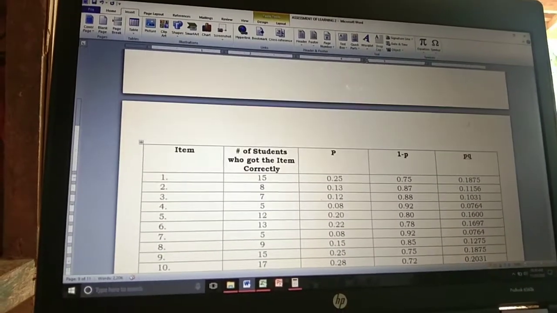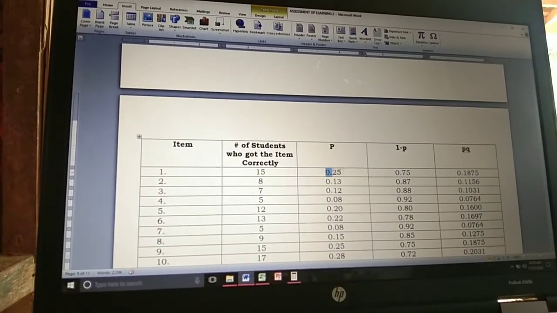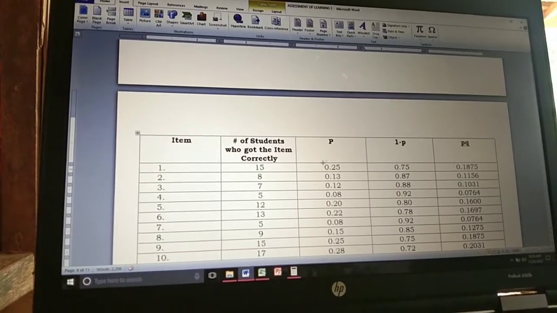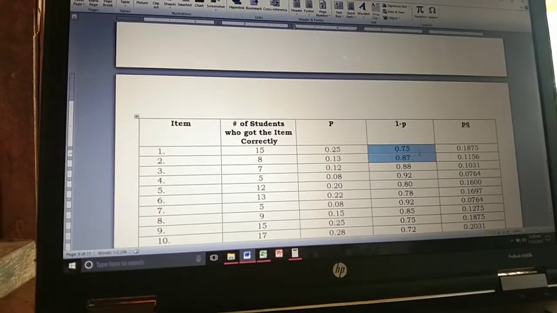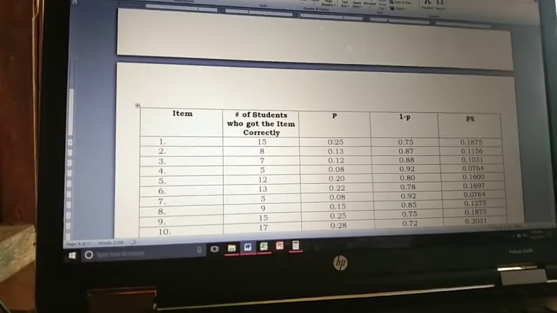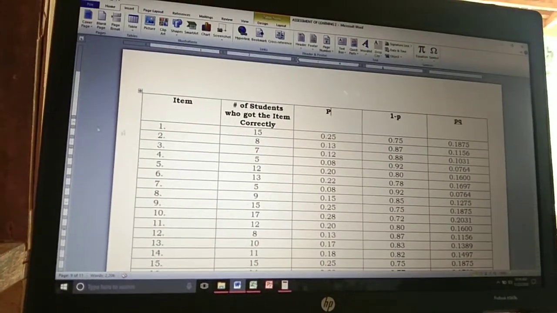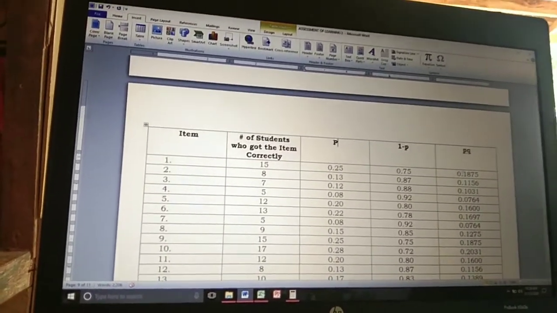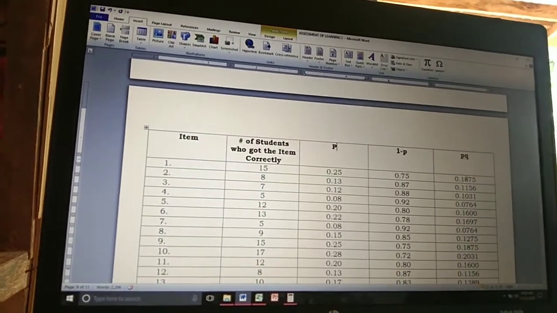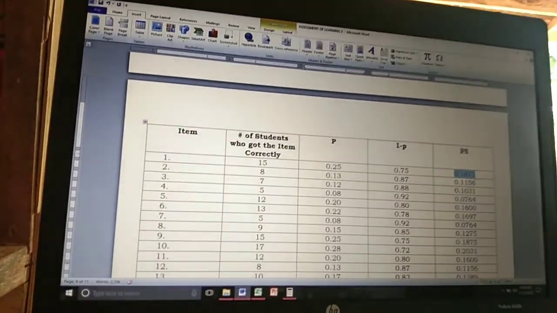And after that, i-times mo yung result dito at ang result dito. So 0.25 multiplied by 0.75, we have 0.1875. Ito yun siya.